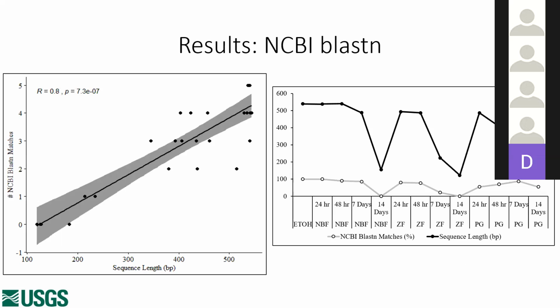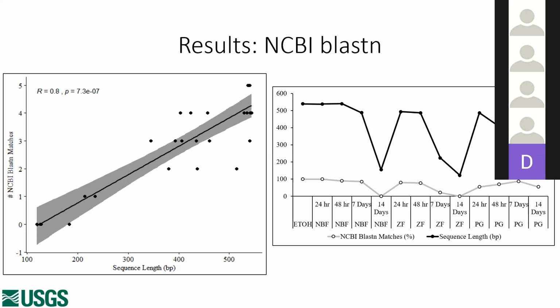So when the sequences were blasted in NCBI, a trend did show up with sequence length and the number of blast matches. So there was a significant positive correlation between the number of NCBI blast matches and sequence length. The graph on the left shows that, and on the right, you see that NCBI blast matches, the percent, is the gray line, and then the black line is the sequence length.